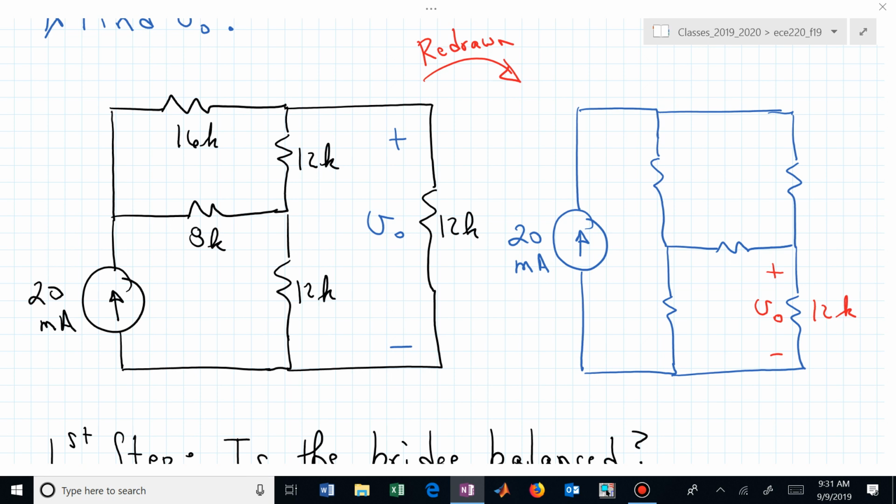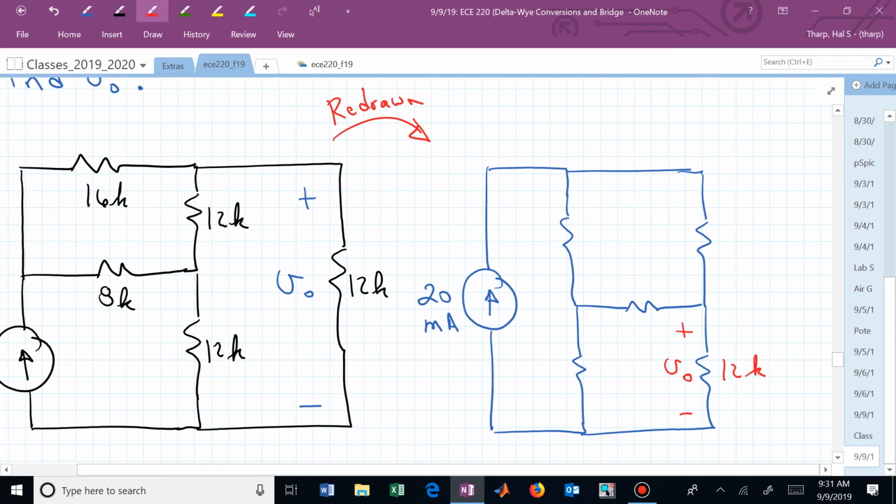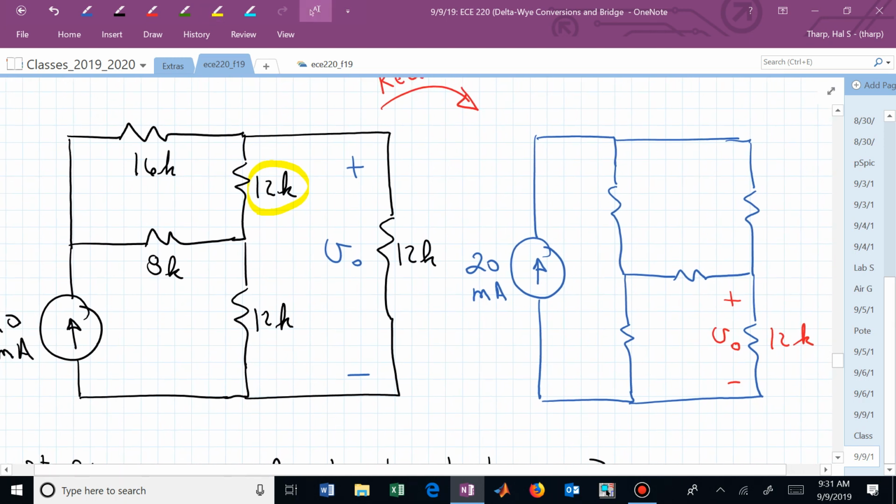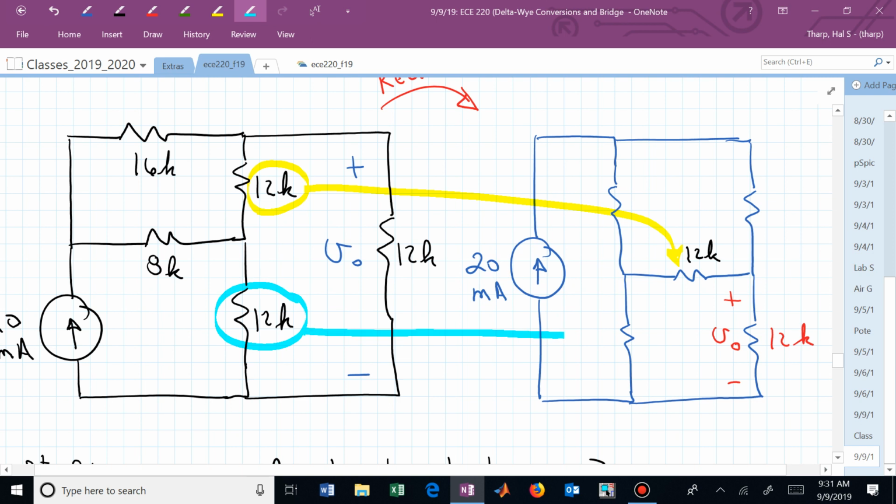And where did this resistor go? It now went over here. It's now turning on its side. This is now 12K. Where did this resistor go? It really didn't move, did it?